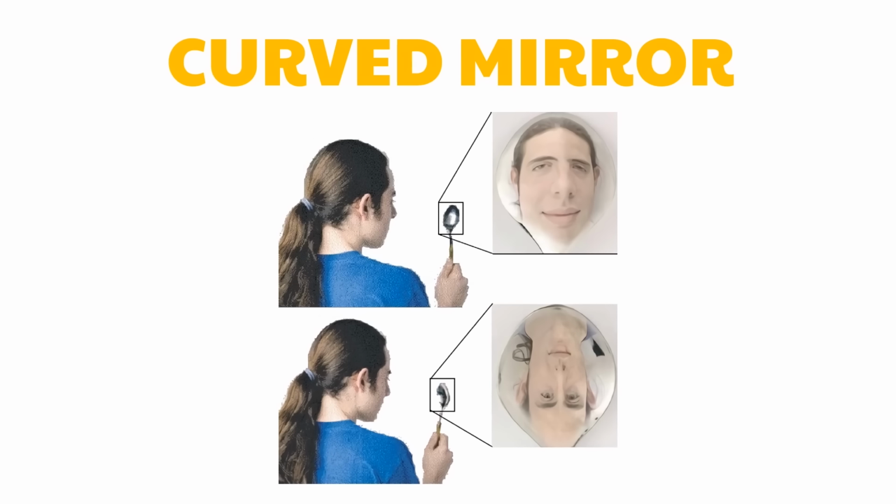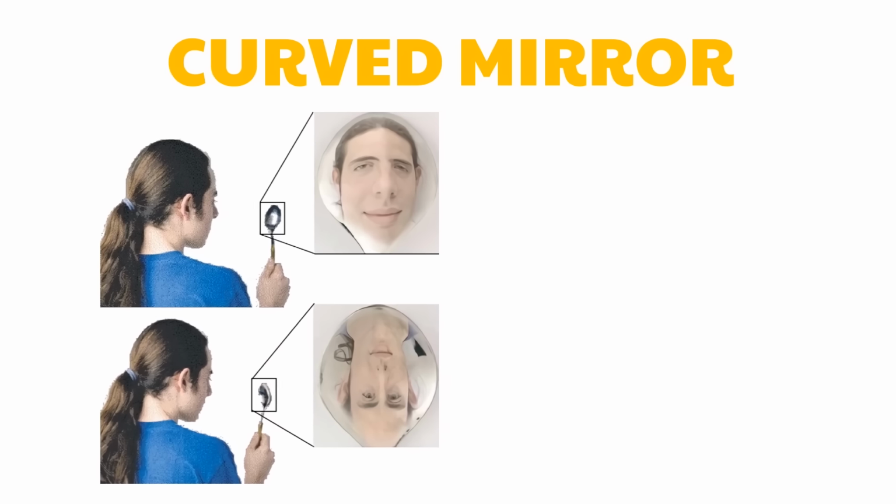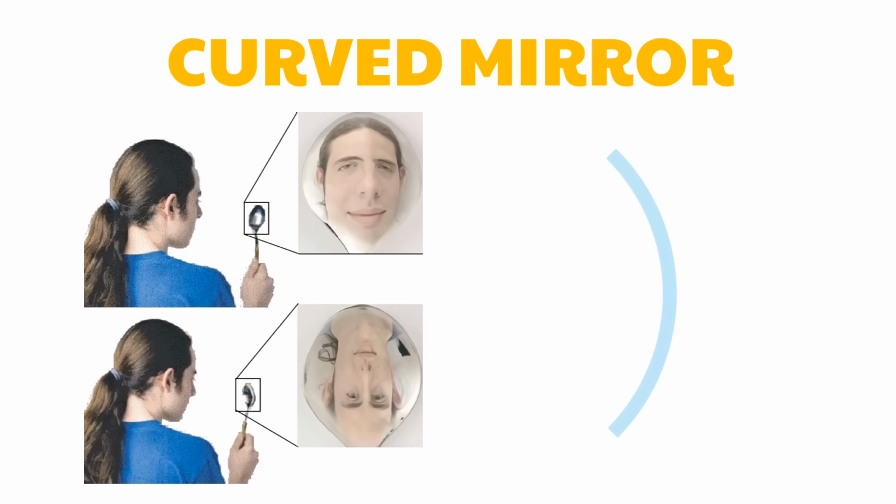Try looking at your image on both sides of a spoon. What have you noticed? This is a reflection on curved mirrors. A curved mirror is a reflecting surface that is a section of a sphere. There are two kinds of curved mirrors, convex and concave.